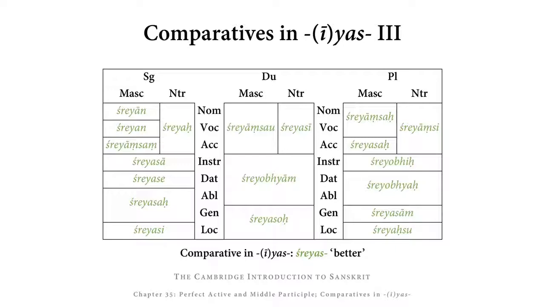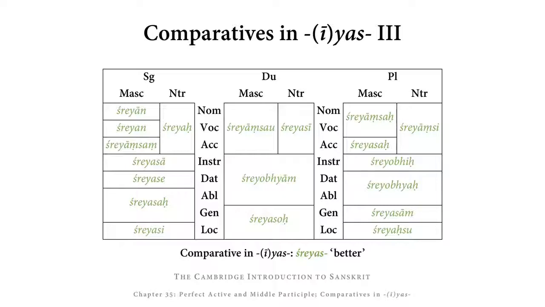Then in the accusative masculine plural, we have the weak stem, which is shreyas, plus our ending ah that we also already know well for the accusative plural in consonant stems. Then the neuter nominative vocative accusative singular is just the stem, there is no ending added, and it's the weak stem. So it's shreyas, which through external sandhi appears as shreyah.